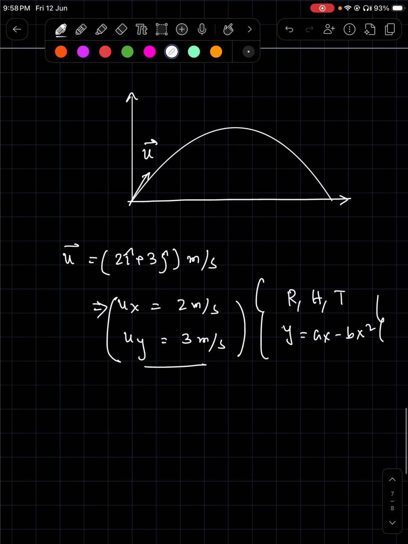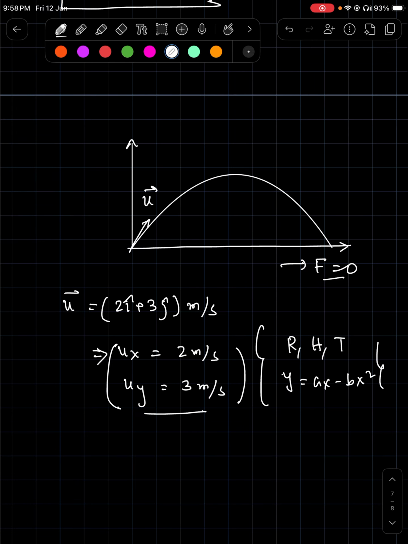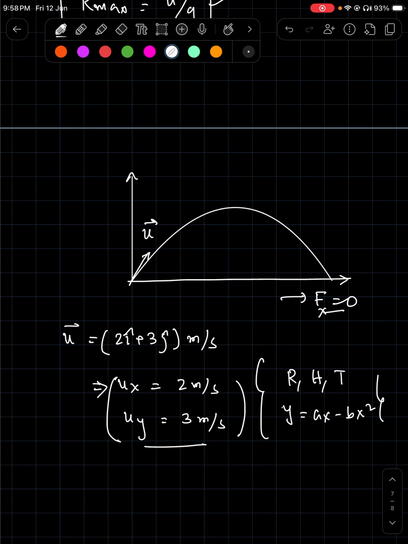So in projectile motion, for the horizontal case, in the horizontal direction the force is zero, that is, Fx is zero. Hence in this direction ux is constant. That means at every point of the motion, the horizontal velocity has the same value.